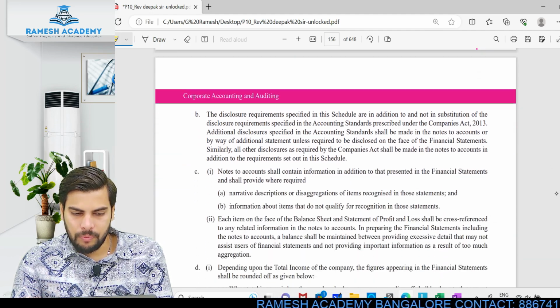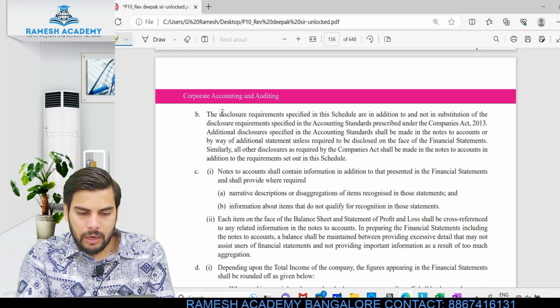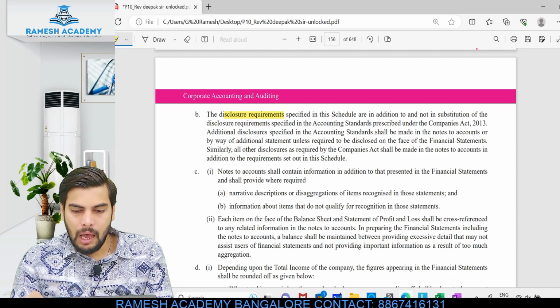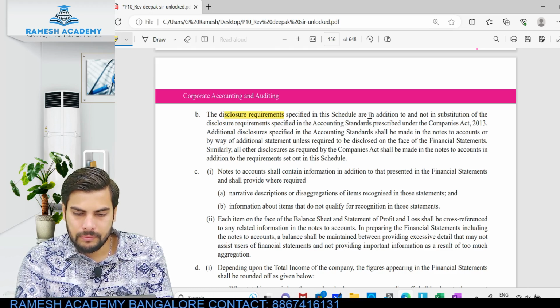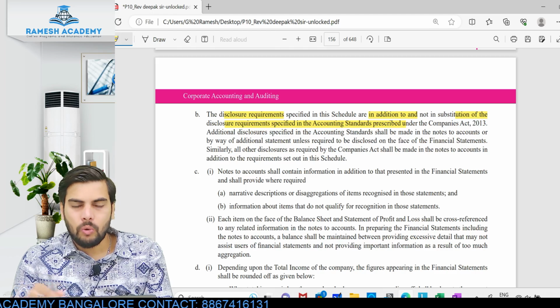So division 1. And then the next point is the disclosure requirement. Disclosure requirements specified in schedule are in addition to and not in substitution to the disclosing requirements specified in accounting standard. So what are they telling?